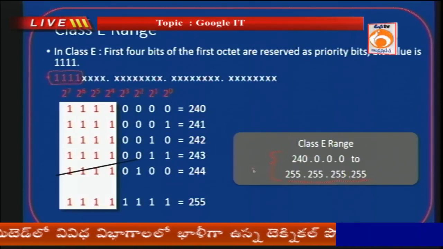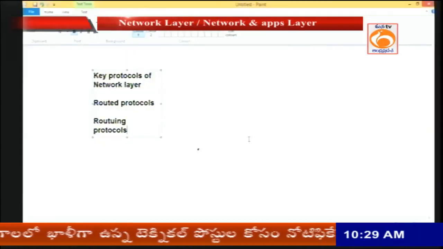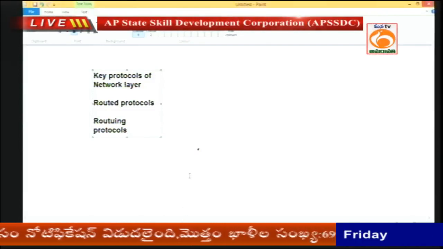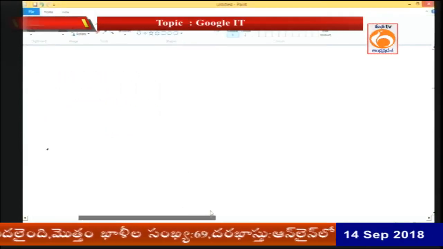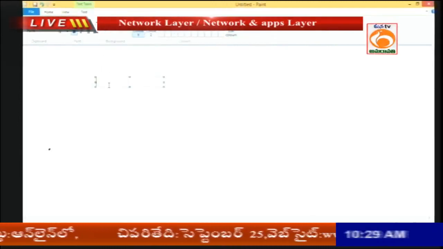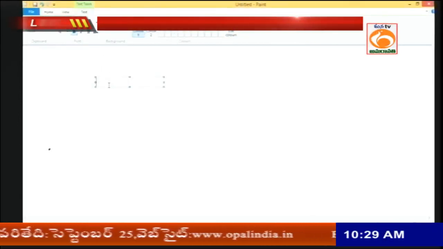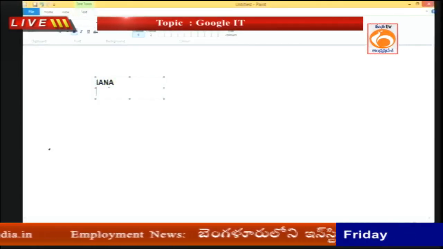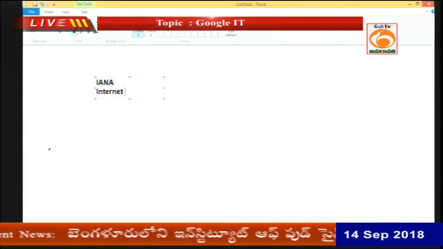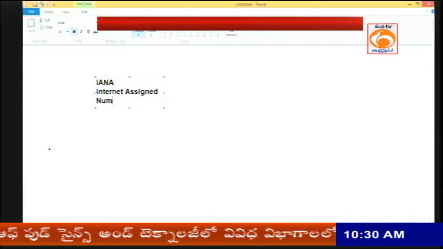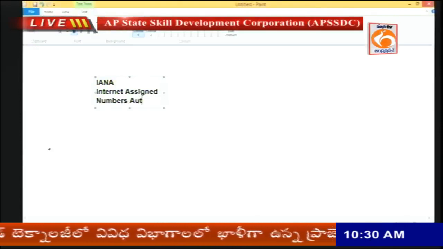And then let us quickly also look at how the IP addresses are managed. So, these IPs are managed by an organization called IANA, and it stands for Internet Assigned Numbers Authority.